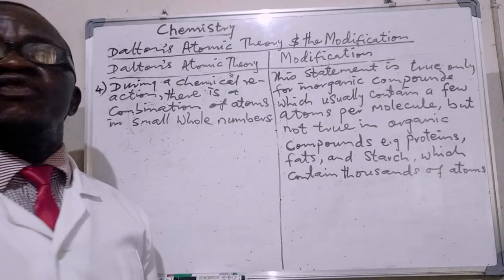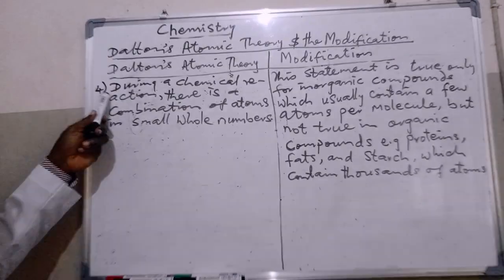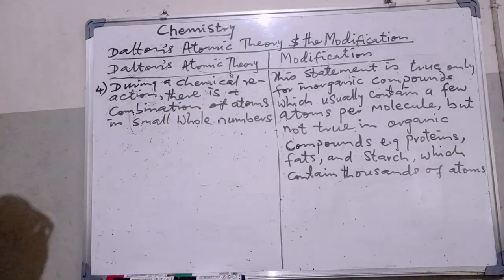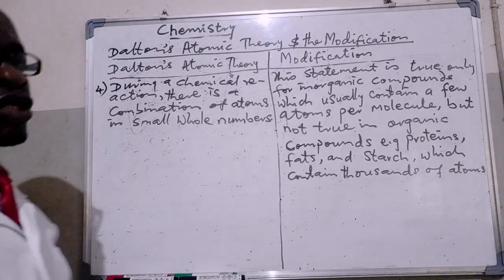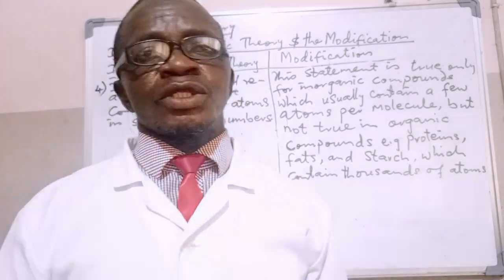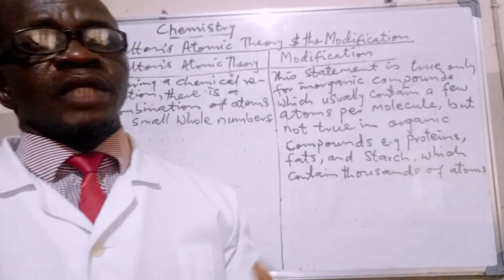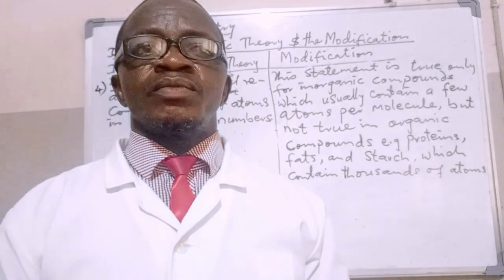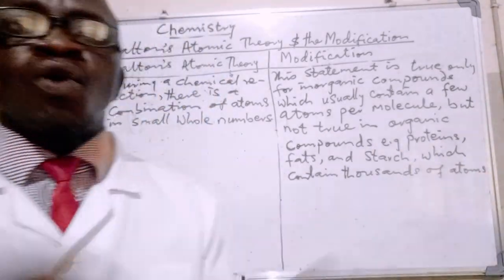Now, let's consider number 4. During a chemical reaction, there is a combination of atoms in small whole numbers. Dalton said that during chemical reactions, the substances that go into the reaction must always be in small whole numbers.